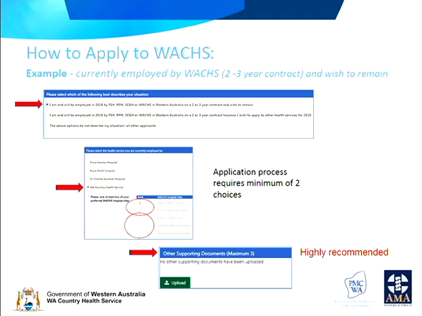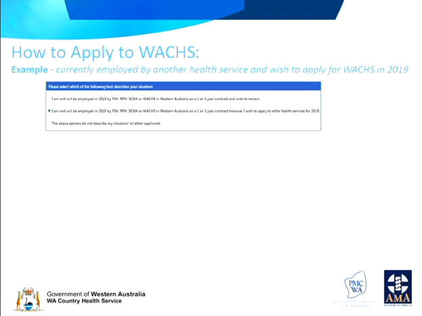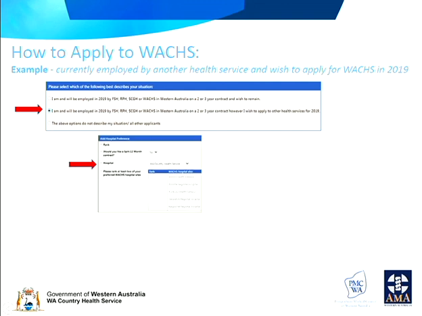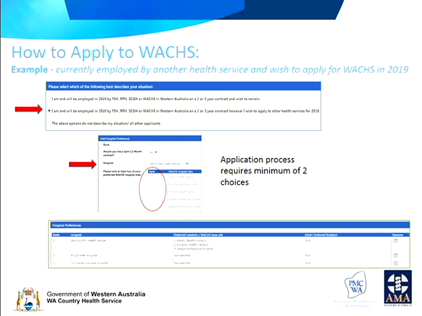But for people in the room, if you're currently employed by another health service and you wish to apply to WACHS in 2019, you'd likely be choosing that second option there, and then of course choosing WACHS as the primary employer, and again ranking in order of your preference all of the sites there, which requires a minimum of 2, as I mentioned before.